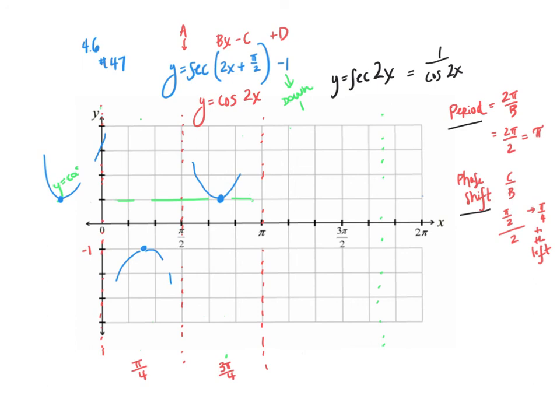So what I'm going to do with these points is I'm going to go down 1 and then draw in my graph. And I can then, of course, erase that blue portion.